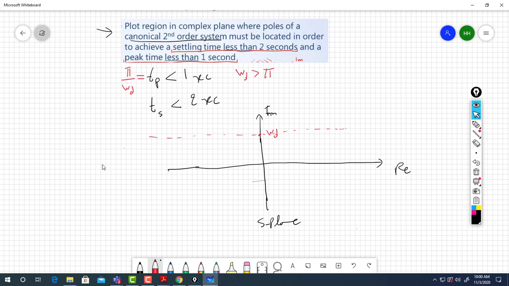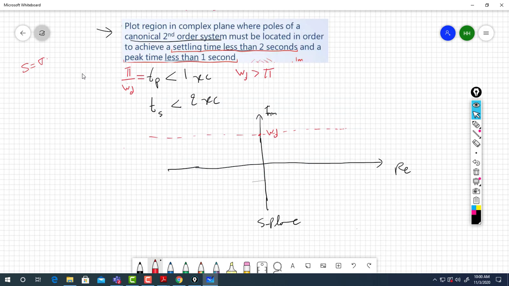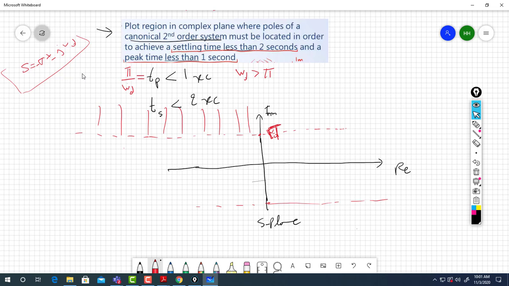If we have a second order system, s equals minus sigma plus or minus j omega d. So the real part is sigma, and the imaginary part is omega d. Here omega d is more than pi, so my pole location will be here, and the same if I am here, because it is complex conjugate.